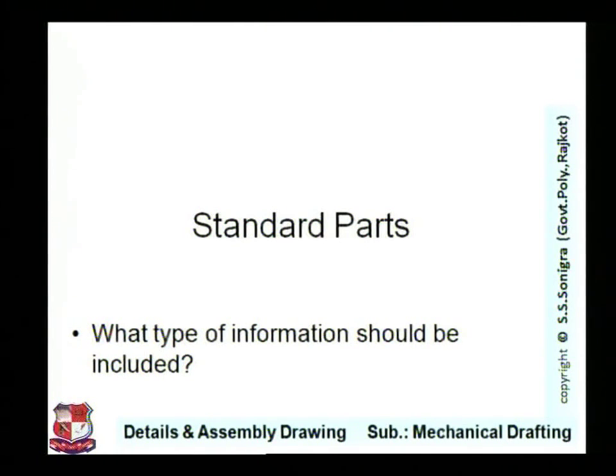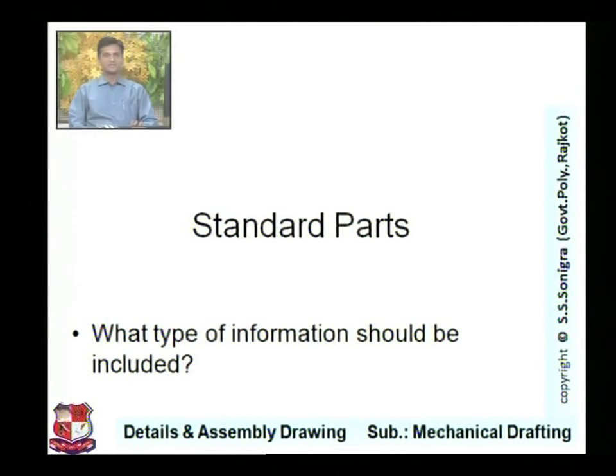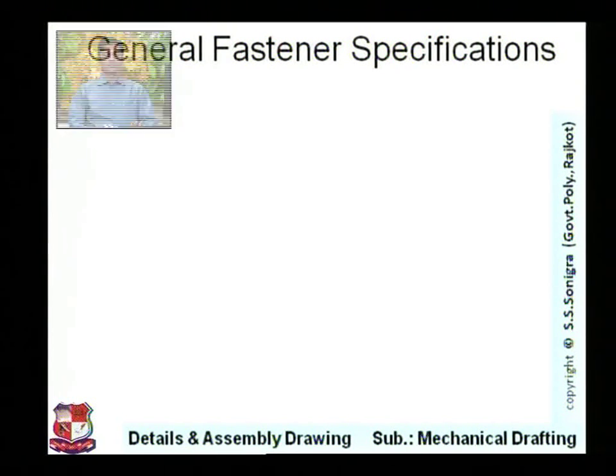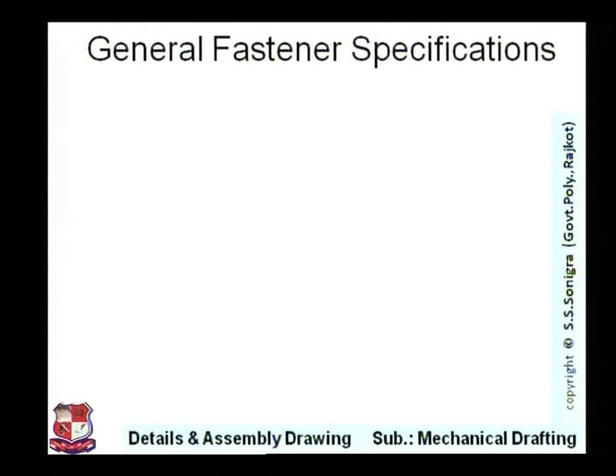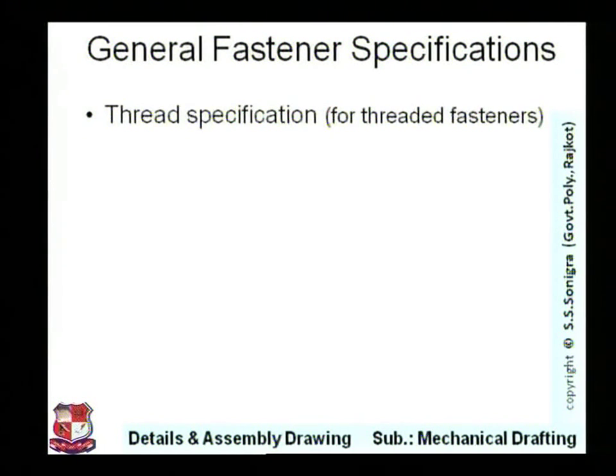Now what type of information should be included in standard parts? General fastener specifications. A fastener is also a standard part. In general fastener specifications, the first is thread specification for threaded fasteners.